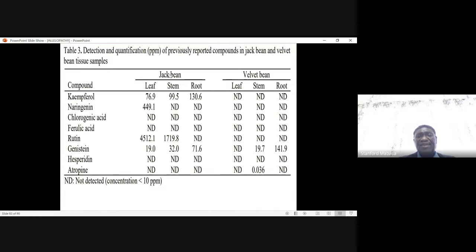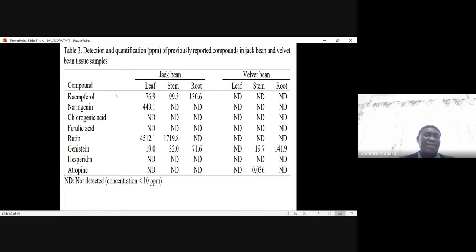Here we've got jack bean and velvet bean. Probably jack bean had what is known as genistein. Otherwise, it didn't have a lot of these other allelochemicals.